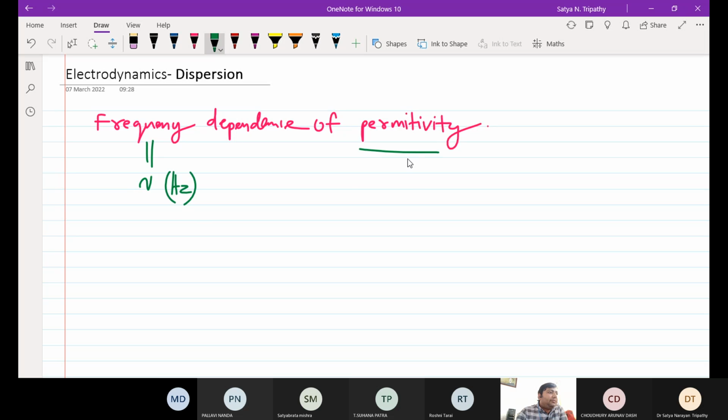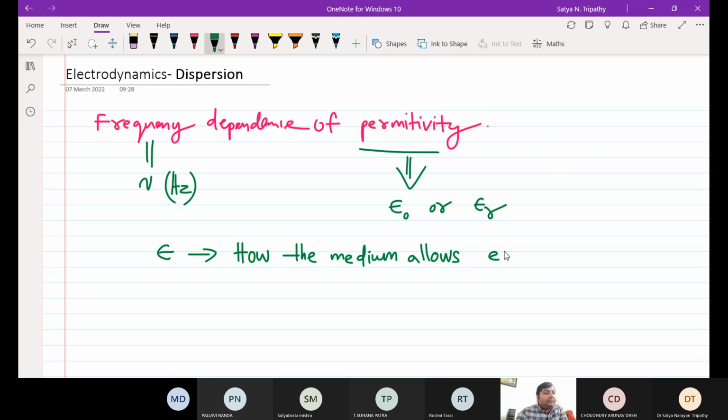And permittivity, we know, is epsilon 0, or you can call it epsilon r. The basic meaning of permittivity is how the medium allows electrical interaction. So that is the basic meaning of permittivity.